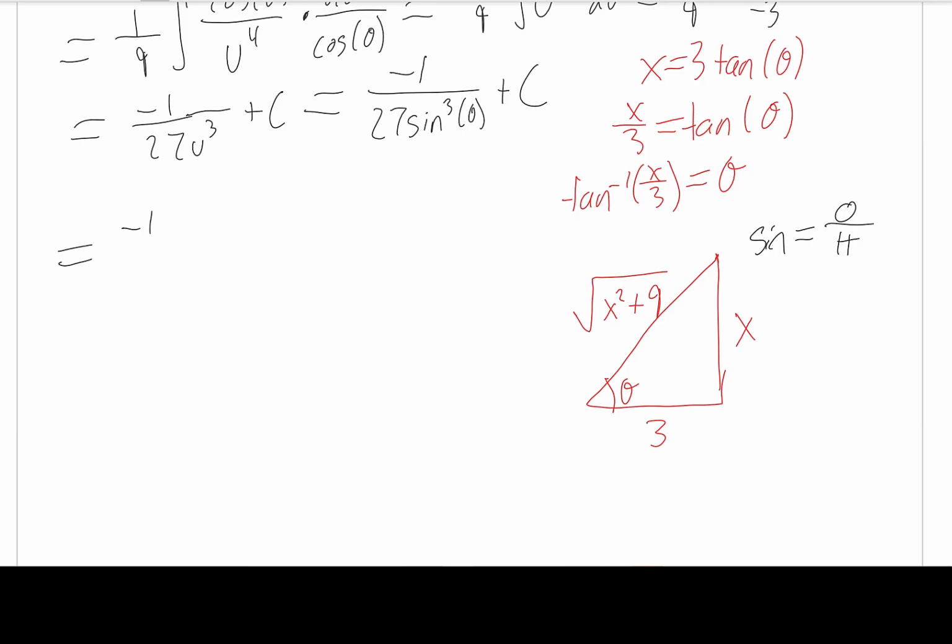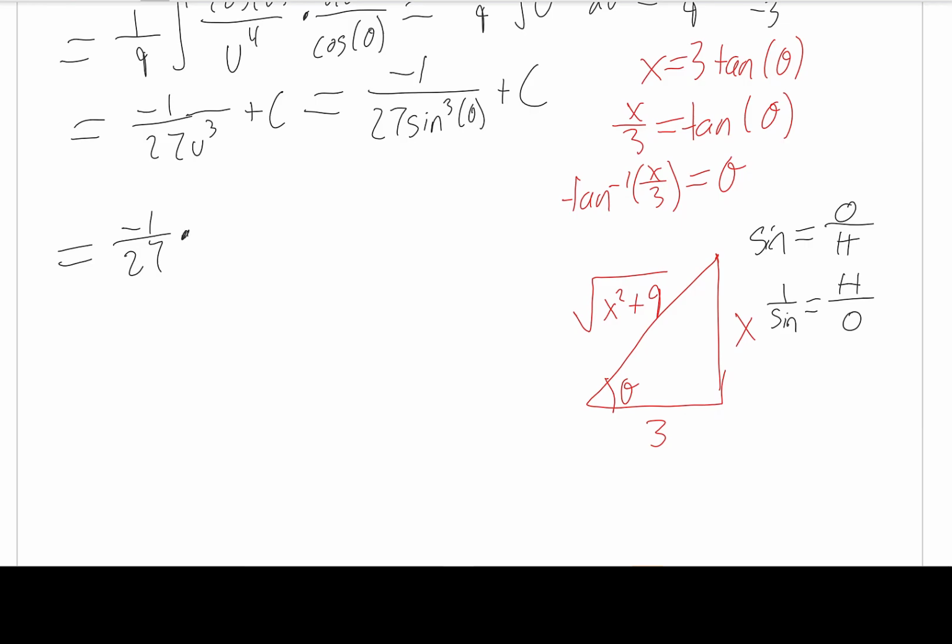And so this is negative 1 over 27 times, so another way to look at this is that we have 1 over sine cubed. So I can think of it as 1 over sine. We just flip this, so this is hypotenuse over opposite.